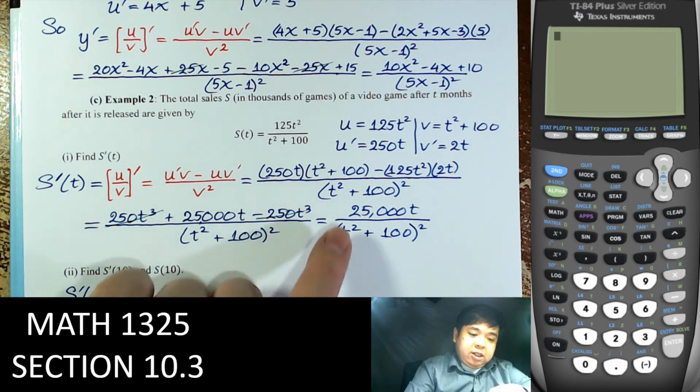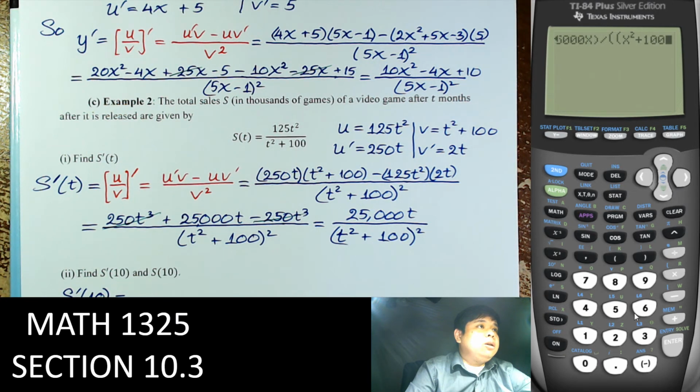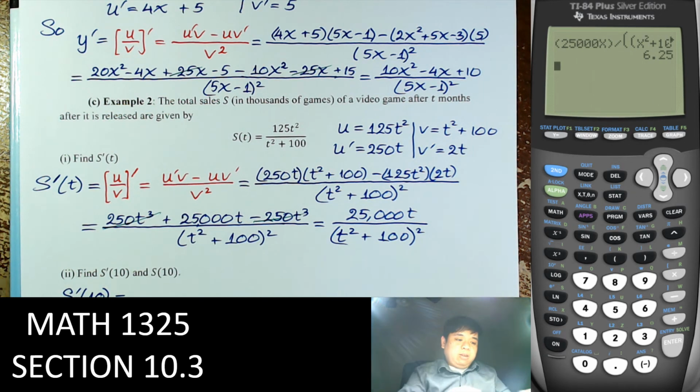So I'm just going to type that in: 25,000 x divided by the bottom, with an extra pair of parentheses, x square plus 100. That gives 6.25.